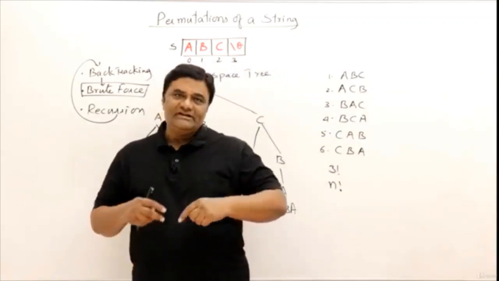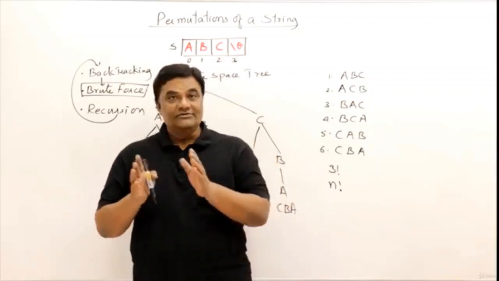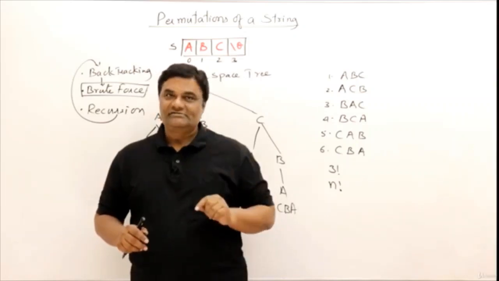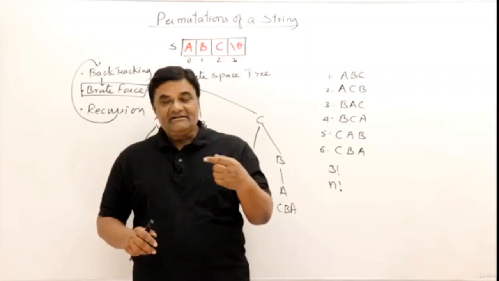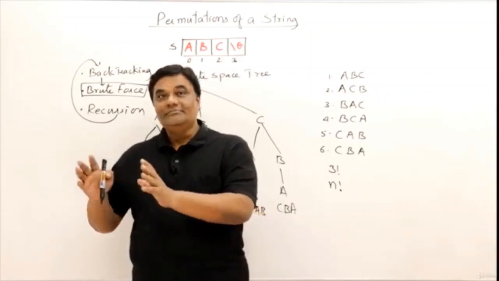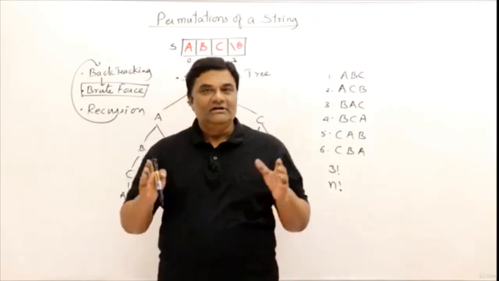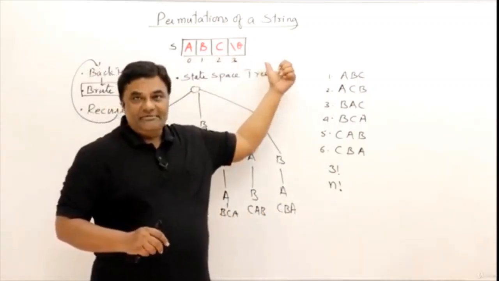So this can be done using loops also if you want, but you have to use a stack for using loops. So this is mostly implemented using recursion. So backtracking is implemented using recursion, and backtracking is used for achieving brute force or taking up the brute force approach. Right? So these are the terms that we have learned from this example.